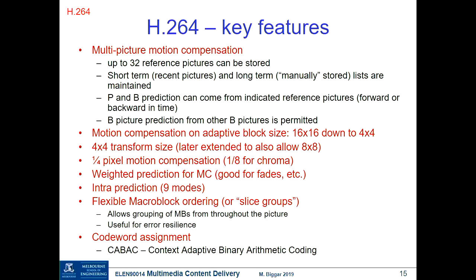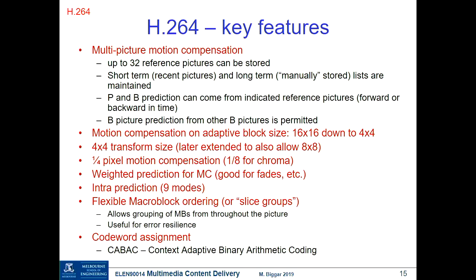I mentioned an adaptive block size, so instead of being locked into 16 by 16, it could come down to 4 by 4. We'll talk about that in a second. 8 by 8 transform sizes had been used previously, but they allowed for 4 by 4. Quarter pixel motion compensation. They allowed for a weighted prediction for motion compensation.